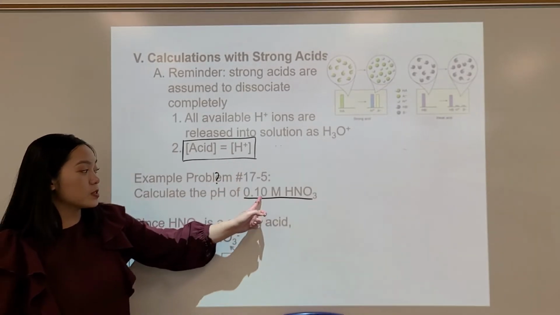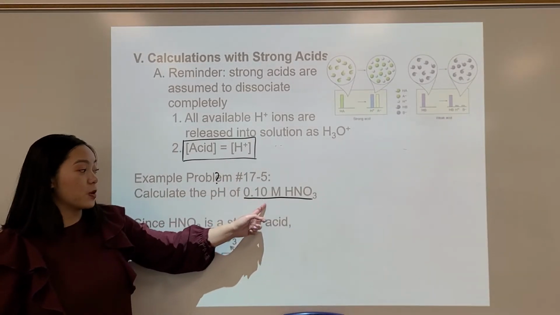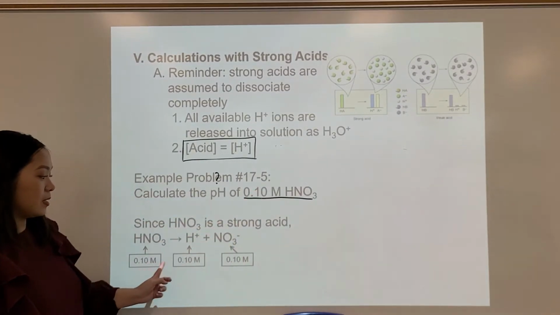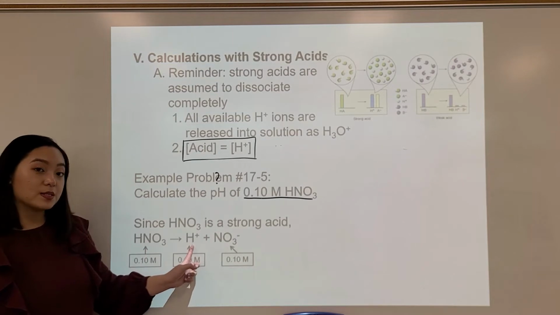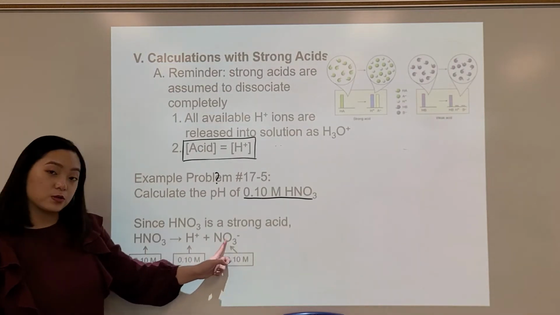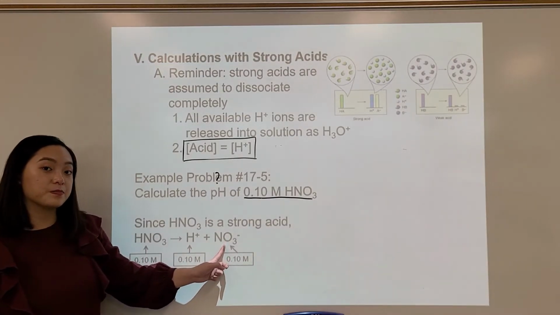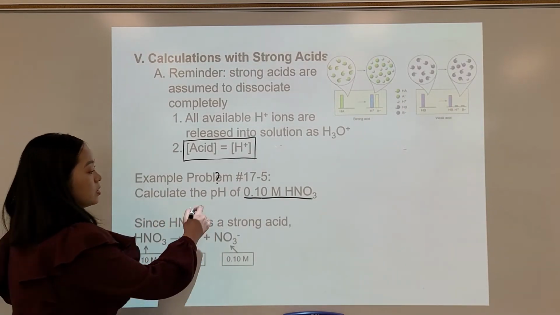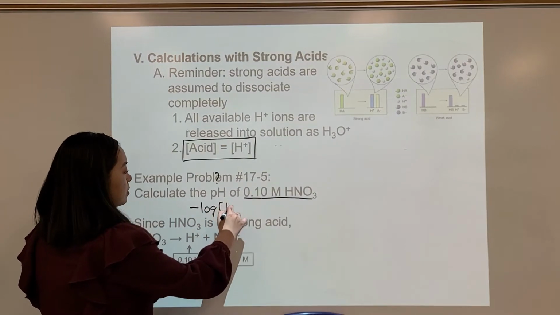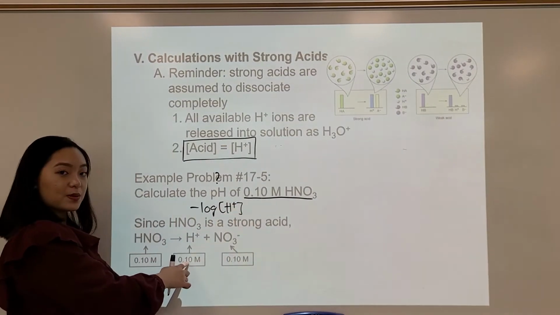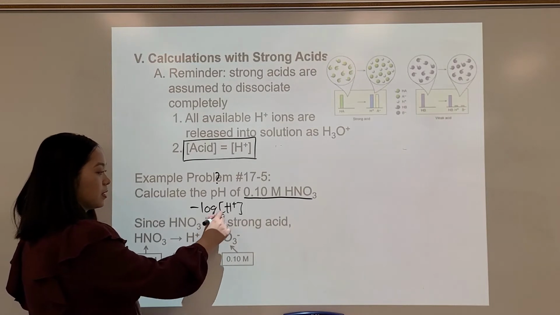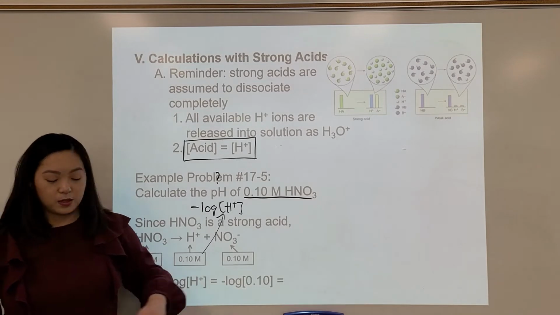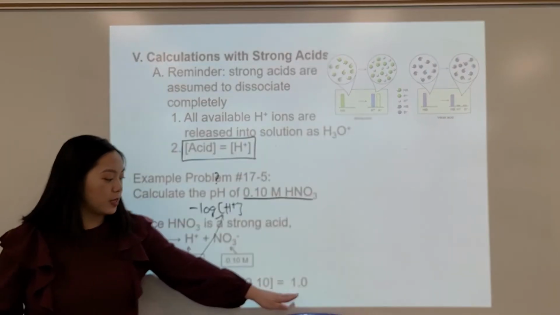So this is the concentration of the acid, 0.1 molar. If this is the concentration of the acid, then it's also the concentration of the H plus ion, and also the concentration of the nitrate ion. So we want to find a pH, right? And the pH, we know, is the negative log of the concentration of H plus. Here's H plus. Let's plug it in. So if you plug it in and put it in your calculator correctly, you should get an answer of 1.0.